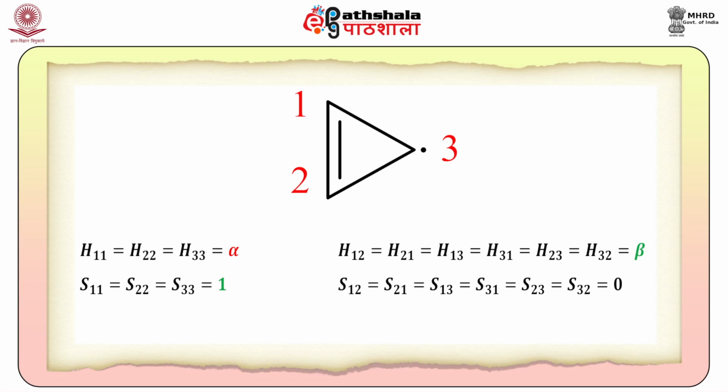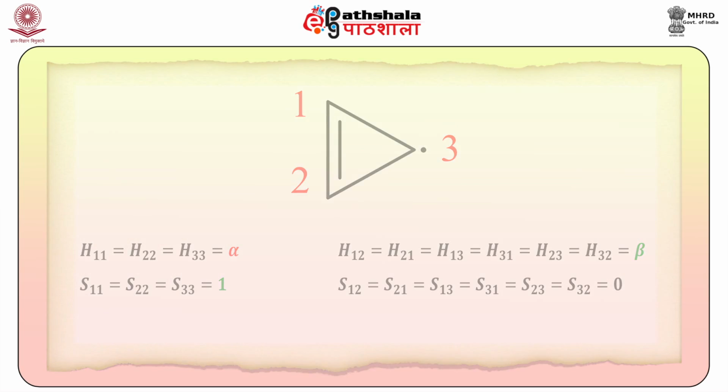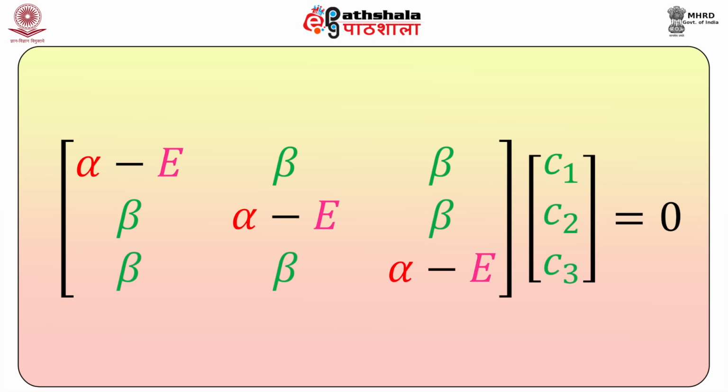Now applying these approximations to the Huckel determinant, we get the following form. The first row becomes alpha minus E, beta, beta. Then the second is beta, alpha minus E, beta. And the third is again beta, beta and alpha minus E. And then we have the coefficients column C1, C2, C3.